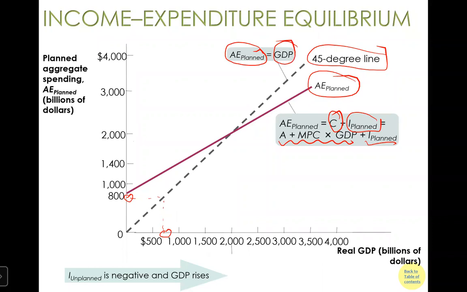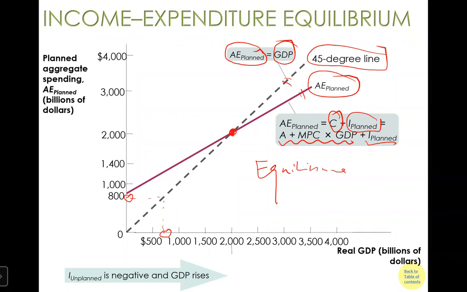Okay. So now, with the help of this 45-degree line, the cross of this 45-degree line and this line is going to give us the equilibrium. Right?